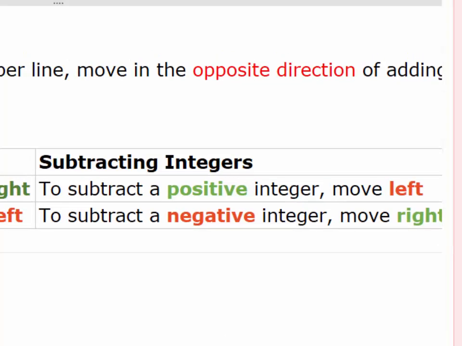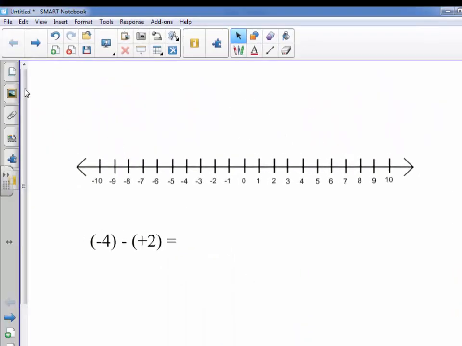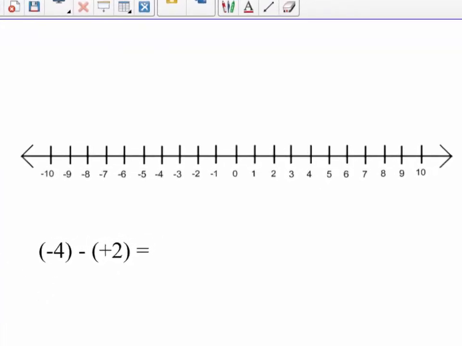So let's see some examples. Let's start with the first one. I have a number line here and the algebraic expression here. I need to find the solution. So -4. If you remember from the beginning, we locate the first one.